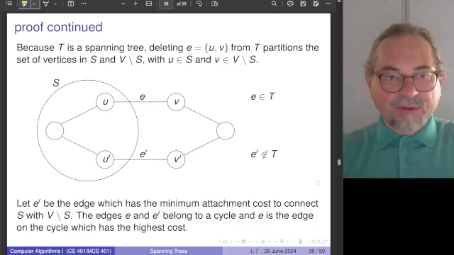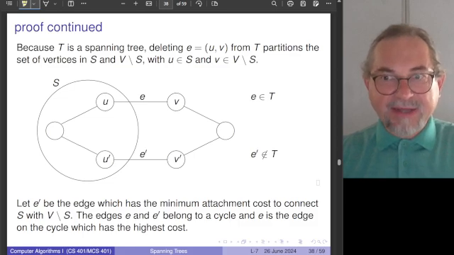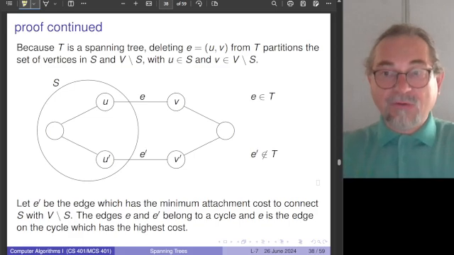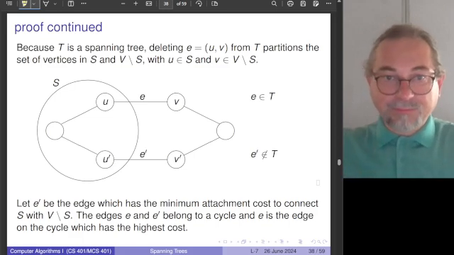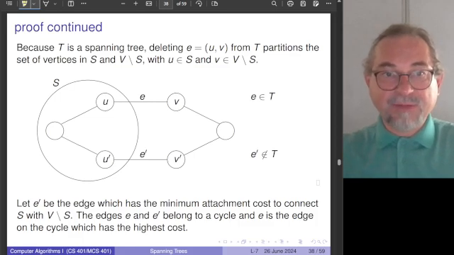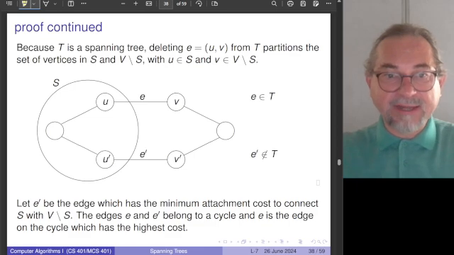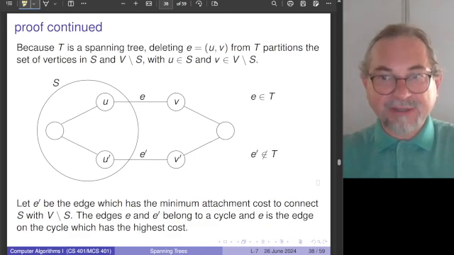We are assuming that E is the edge in that cycle that has the highest cost. So our assumption, proving by contradiction, started out by saying that we have a spanning tree that contains that edge with the highest cost in the cycle.